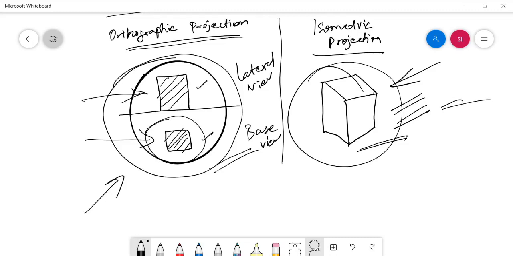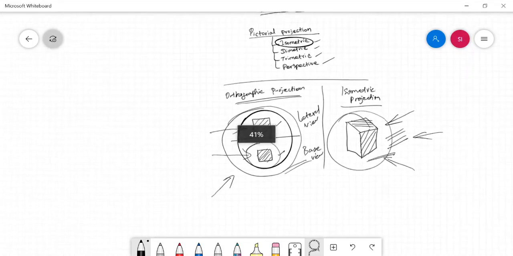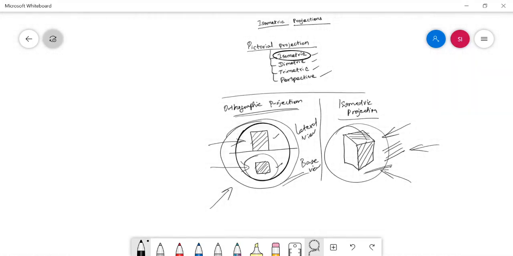But in the isometric projection, both base and side face can be easily shown in a single view. This is one more advantage of the isometric projection. These are unique properties of the output from the isometric projection concept, and it shows the exact appearance of the object very near to the human eye. In this way we can develop the three-dimensional views of any object by using the isometric projection concept.